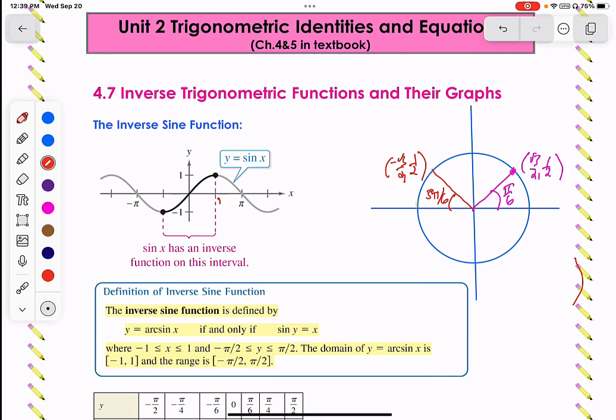So when we're doing these inverse trigonometric functions, what do we have to do to make sure that you have a unique value? What we do is we restrict the range of the function.